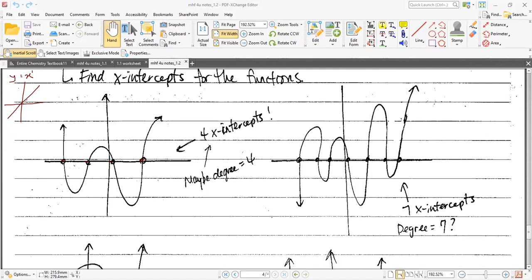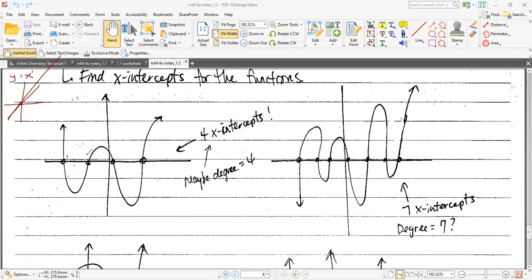So here we have a zero that the graph just passes through. If you have a zero or x-intercept where your graph passes through, the degree of that zero is going to be 1. This is passing, right? So the degree here is 1.